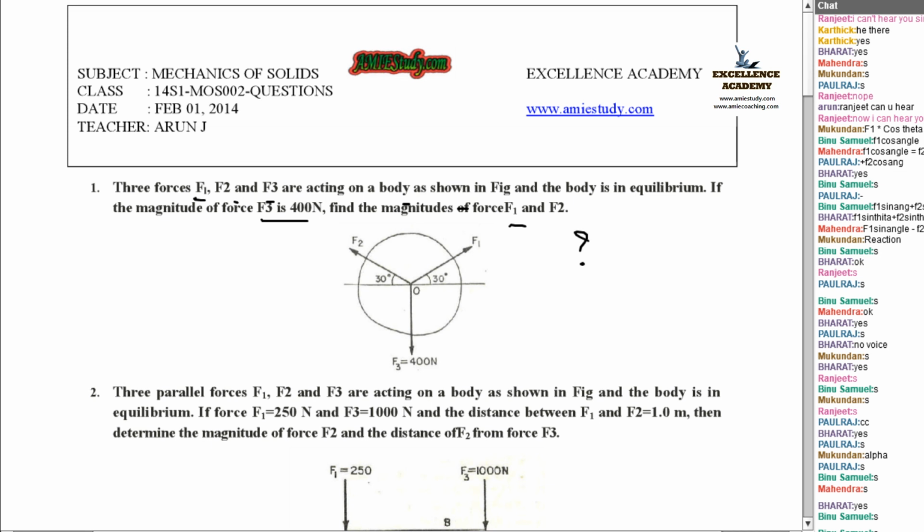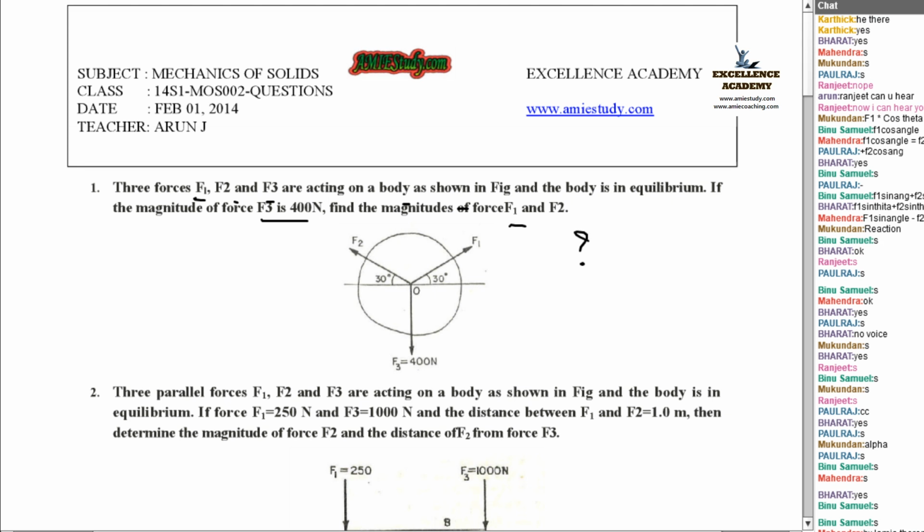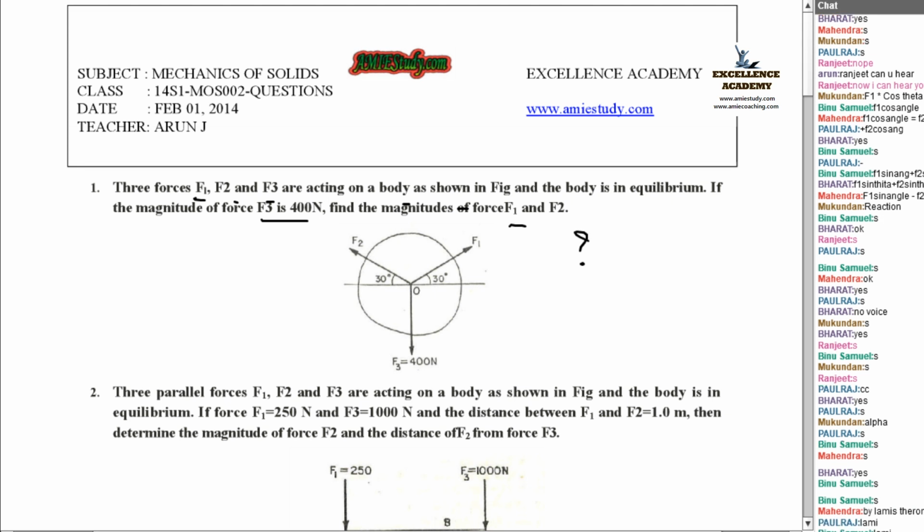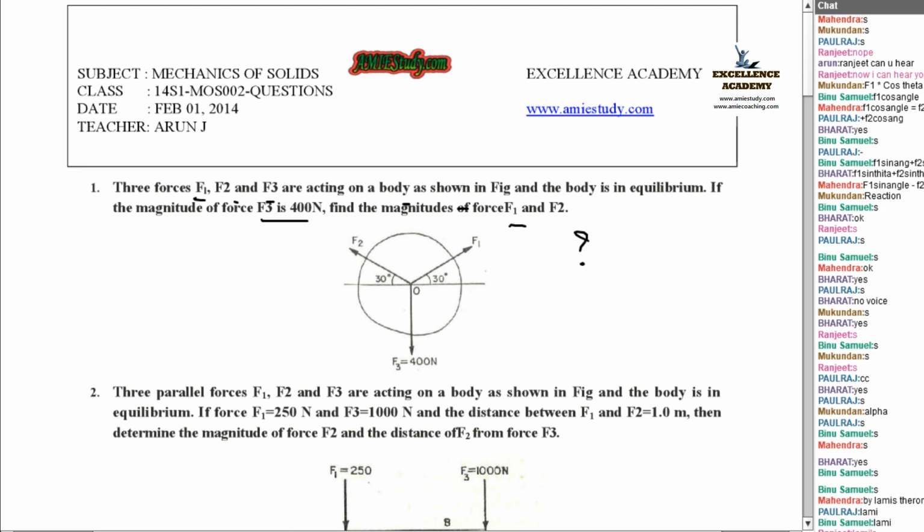Can you give me a hint by means of which principle that we learned today we can proceed? Yes, by means of Lami's theorem. By means of Lami's theorem, we can continue.